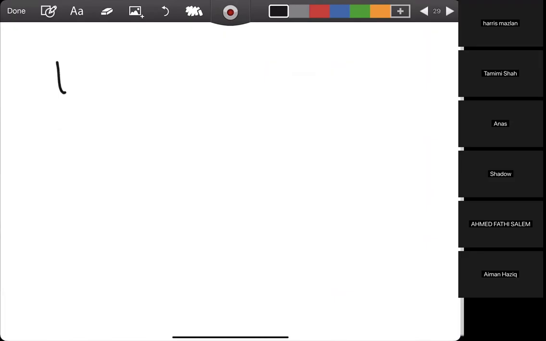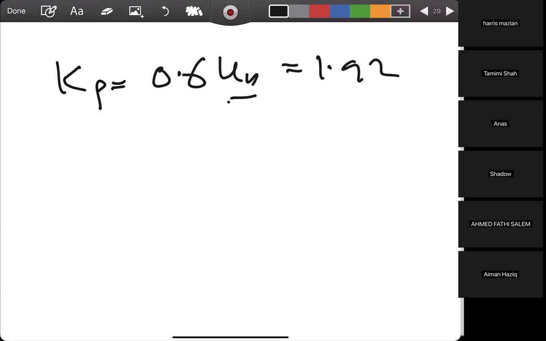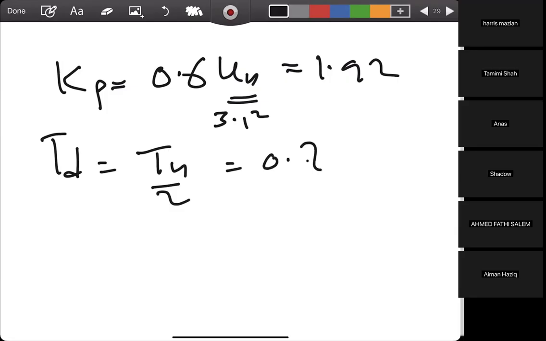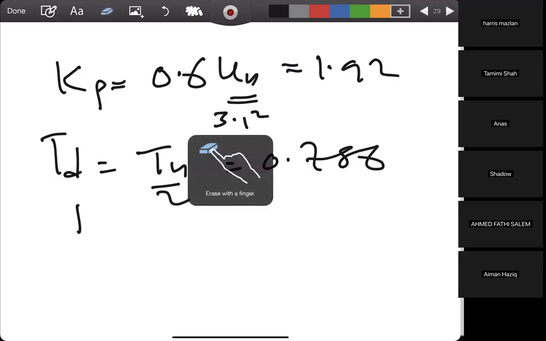So Kp is equal to 0.6 Ku, which is 1.92. So this one is 3.12 just now. Then Td, Tu over 2, 0.786. Sorry, this is not Td, this is Ti.